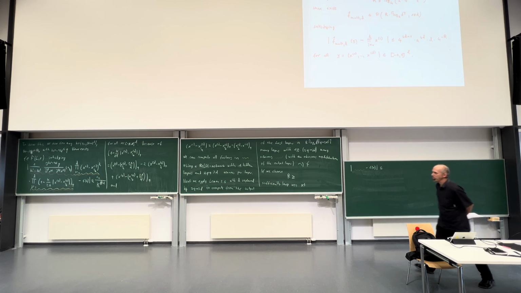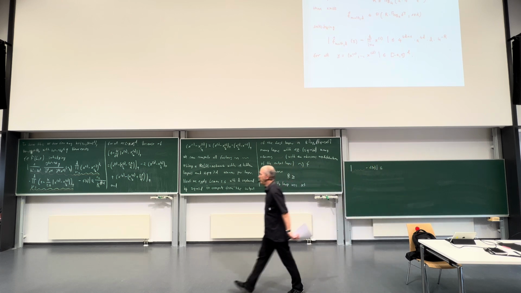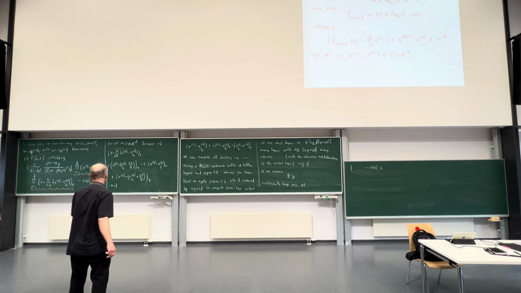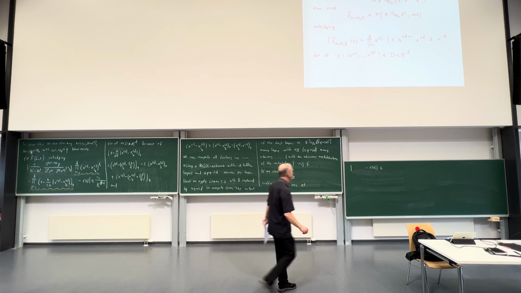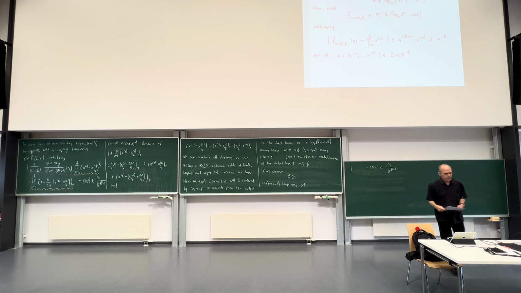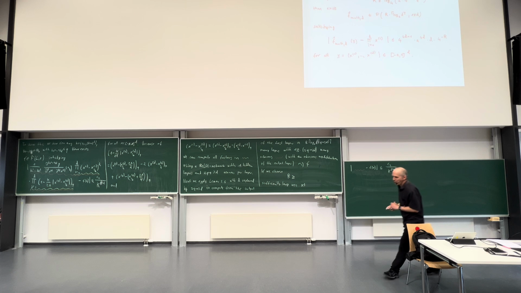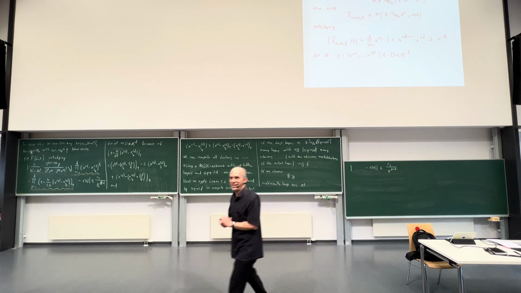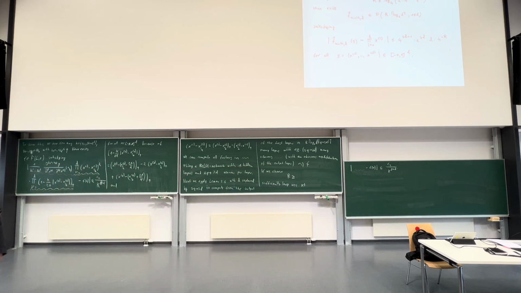My assertion was something like C2 divided by K with exponent p plus d. And another question is, what do I have to choose for R? And do I get then the right result?